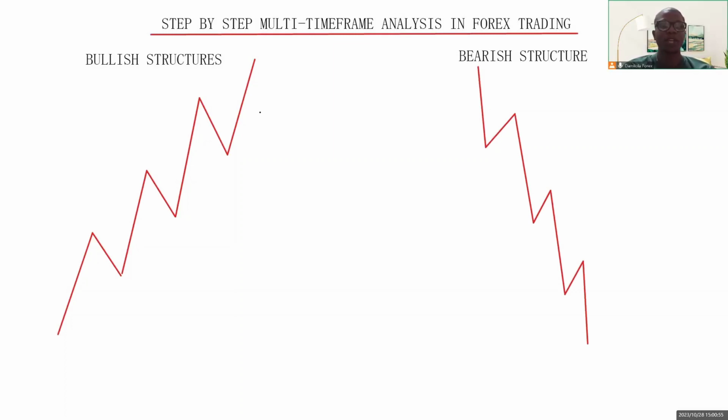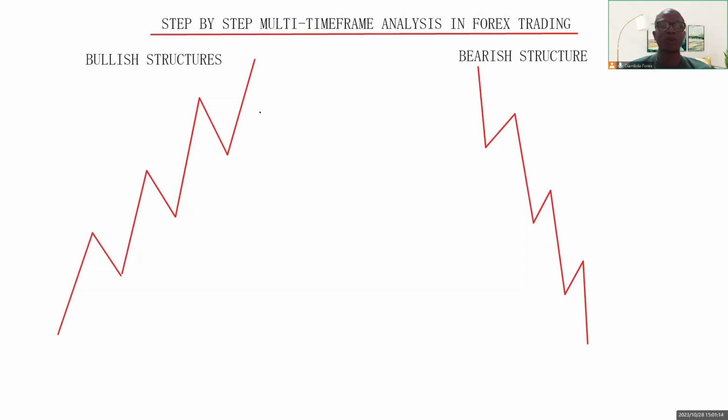That is, when candlesticks form higher highs and higher lows, that is a bullish structure. It lets us know that price is trending upwards. While if we see candlesticks making structures of lower highs and lower lows, it lets us know that price is bearish.